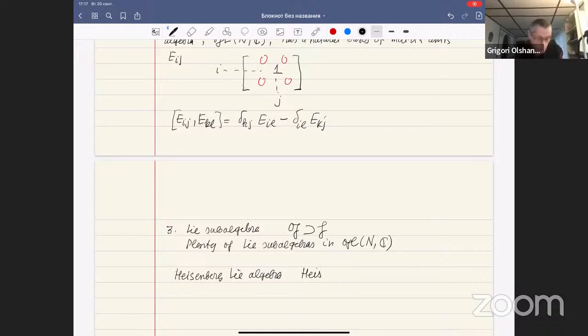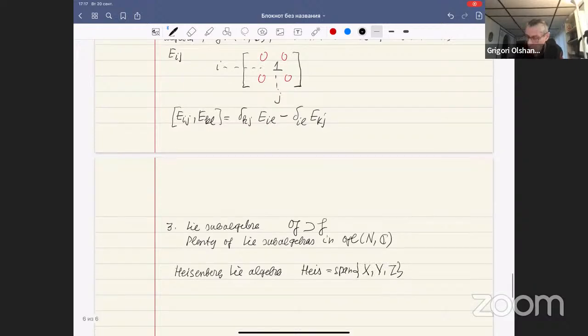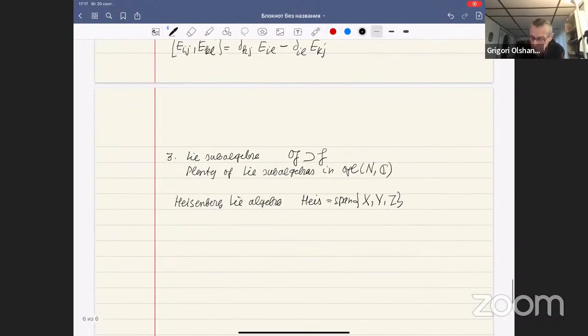It has a basis of three elements, X, Y, and Z. And the bracket is as follows. The bracket of X and Y gives Z, and Z is in the center.